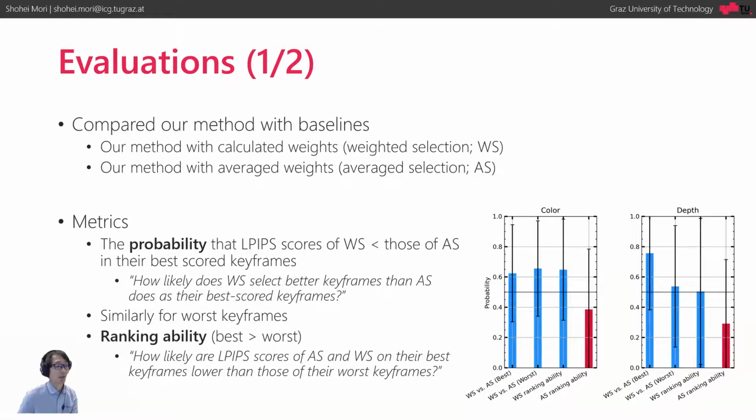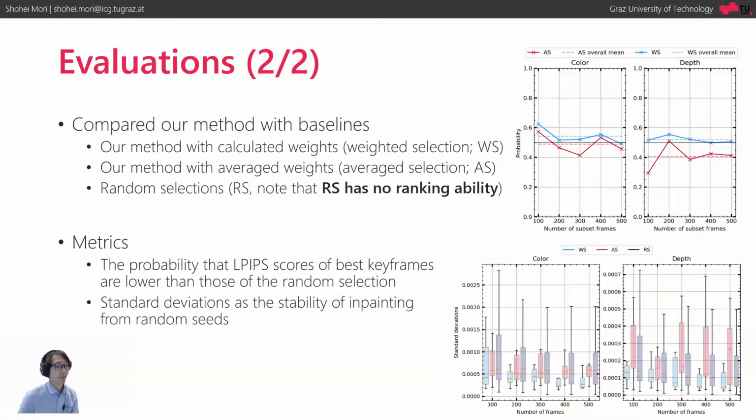Similarly, we evaluated the worst keyframes. We also evaluated ranking ability, which tells us how likely LPIPS scores of AS and WS on their best keyframes are lower than those of their worst keyframes. The graphs on the right show if the bar goes above 50% or not, and ours is better than the averaged weight approach.